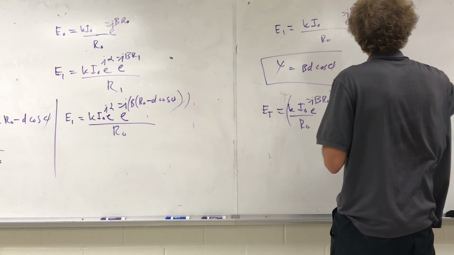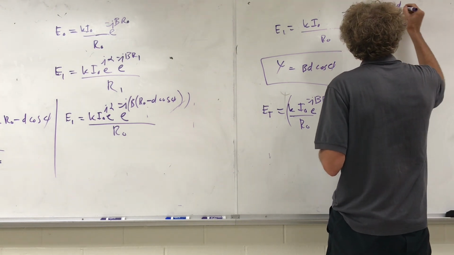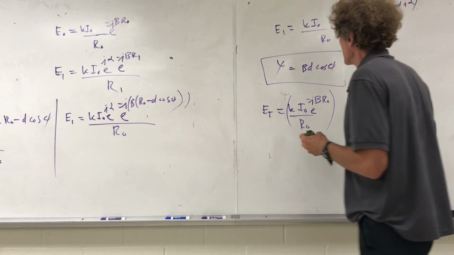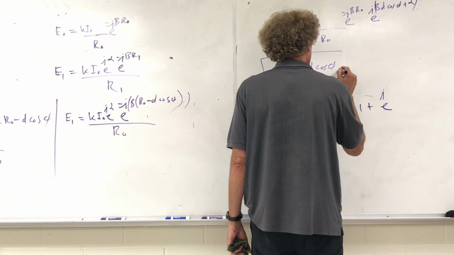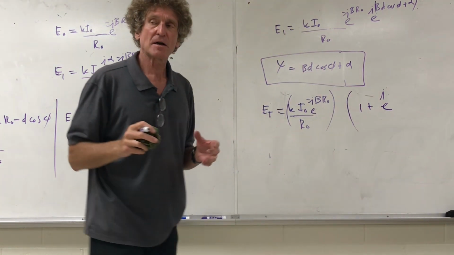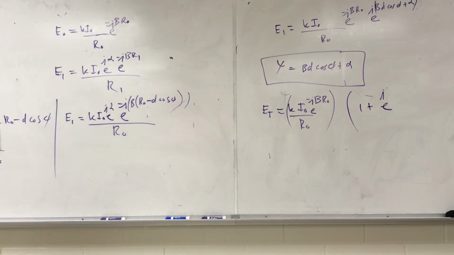Forgive me for doing this on the fly, and I can just say plus alpha here. And so instead of psi here, it would be beta d cosine phi plus alpha. Just take a moment. I'm trying to collapse this thing and get a constant that would just be repetitive. And the next thing I'm going to do is show you what will happen when we index these numbers.